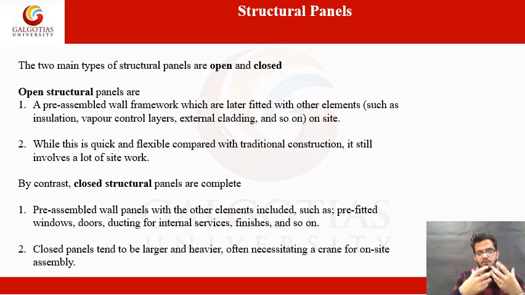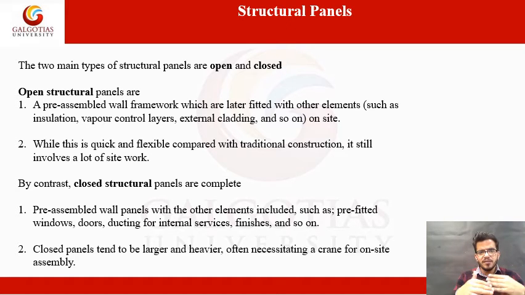But in contrast, a closed structure system has pre-assembled wall panels with other elements such as pre-fitted windows, even doors, ducting and internal services, even the finishes, tiles, claddings and so on, already fitted with the component and then transported to the site.